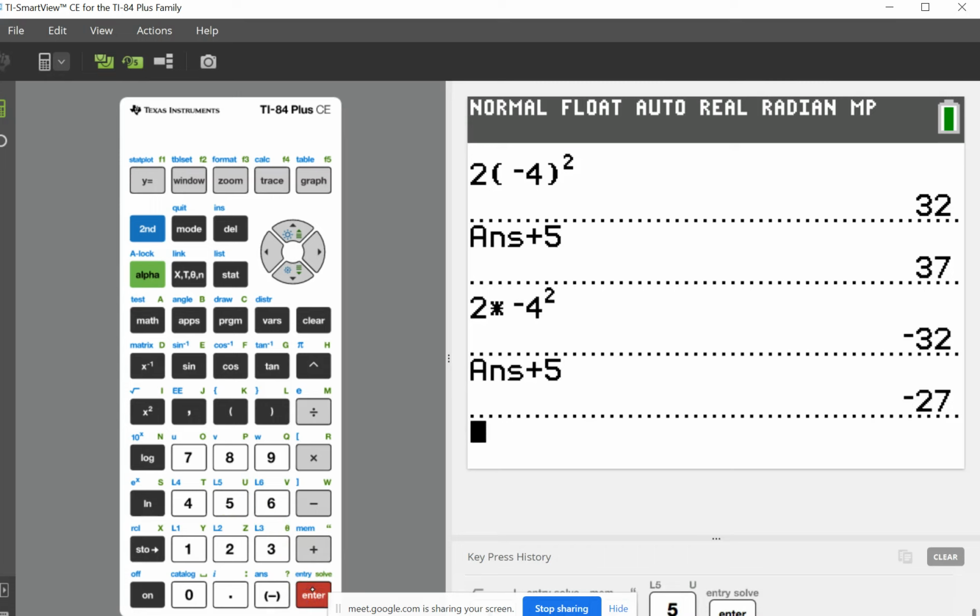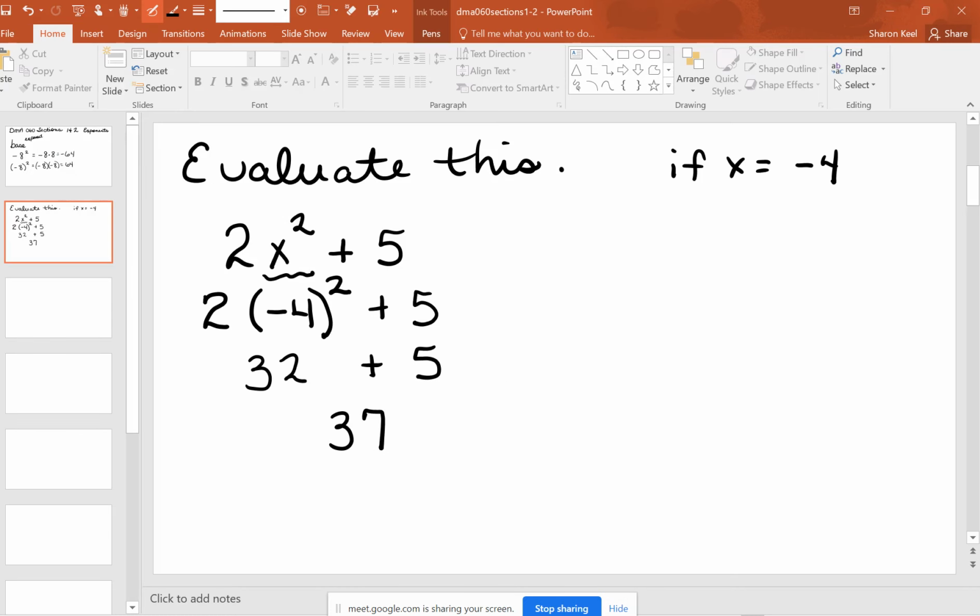So you can see it would give us two completely different answers based on whether we utilize the parenthesis when we have a negative. The important fact to remember here is that when you have a variable that's raised to a power, if that value is a negative, please put a parenthesis when you're substituting it into an expression.